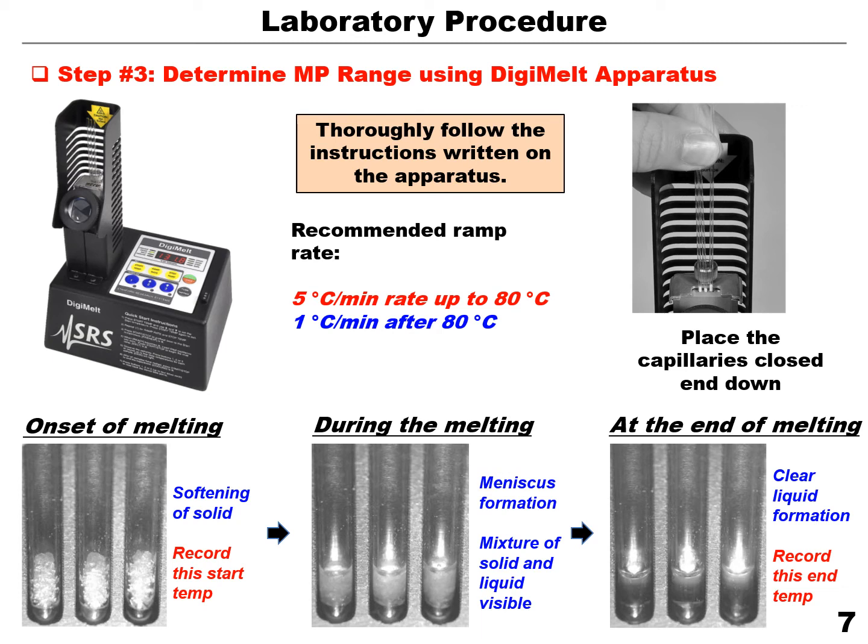Maybe some part of the sample will become like one drop of liquid, and that's the time where you should record the initial melting point. Whereas the final melting point should be recorded when the entire powder becomes a liquid, right?